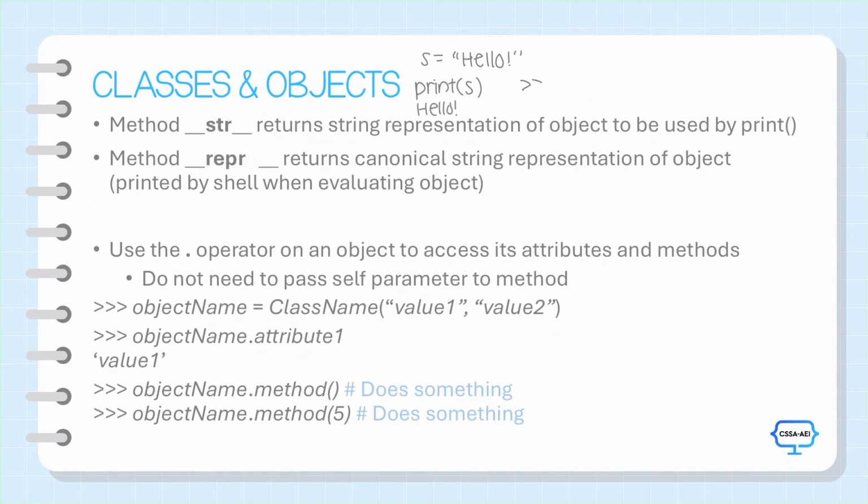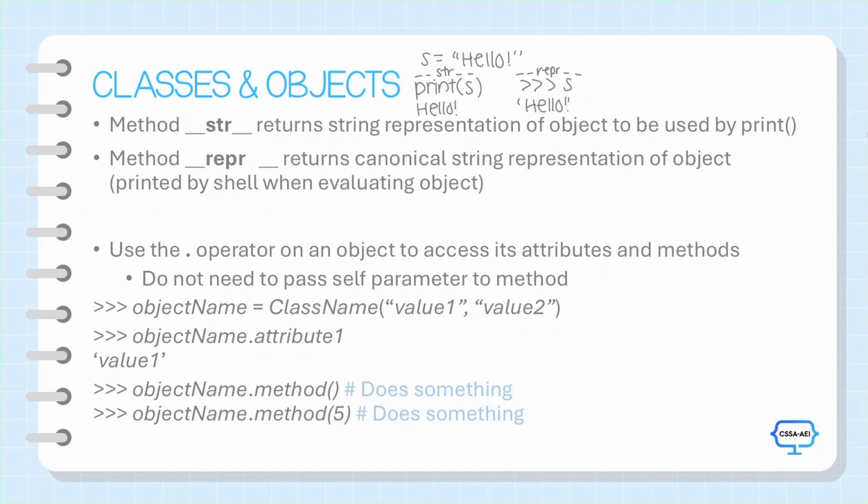But if I were to type it in my shell, if I just asked for s, it would give me hello with the quotation marks to indicate that it's a string. Okay, so this one is the string representation, it's the pretty one, and then this is the normal representation. I just wanted to include that in case it comes up, because I know it was part of a lab before.